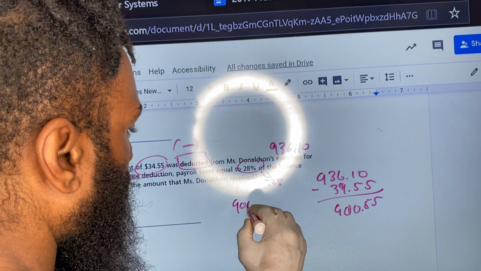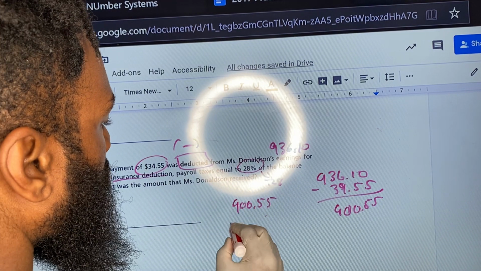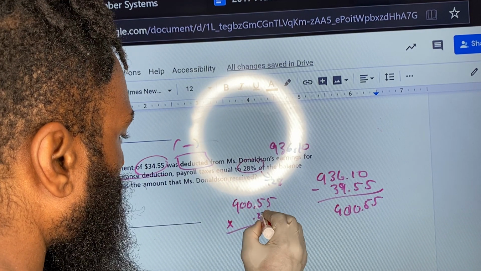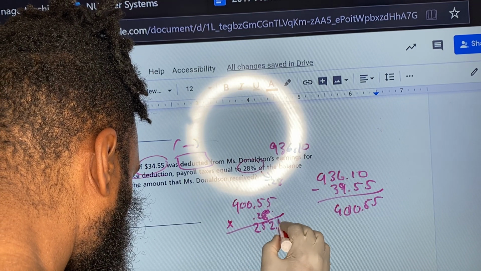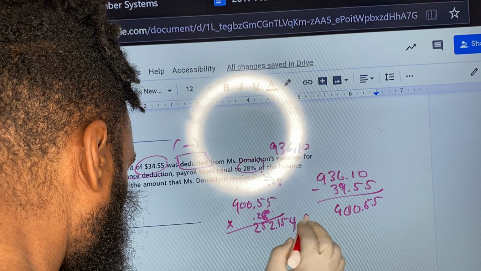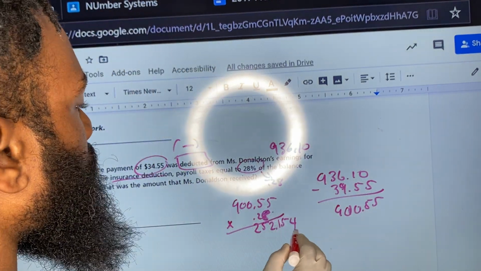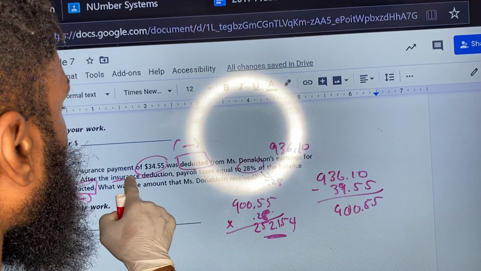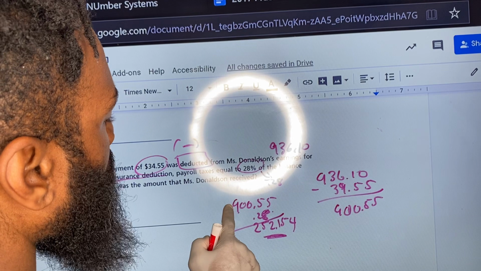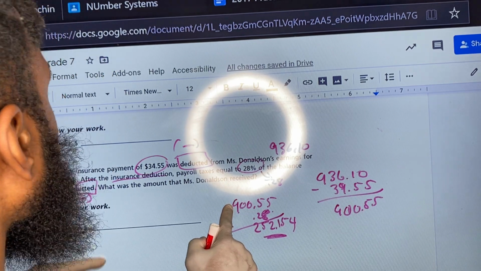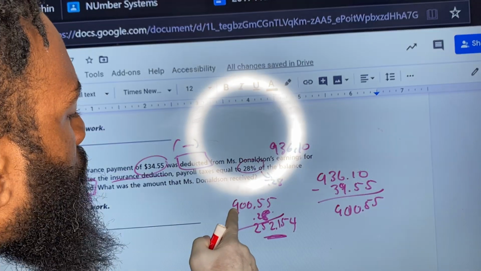Then we take that $901.55 and we take the tax deduction, which is 28% times 0.28, and we get $252.154. This is the number. This is the amount of tax that they take. The dollar amount. Now you gotta take the dollar amount and subtract it from what was left after the insurance payments. So this is the money left after insurance payments.